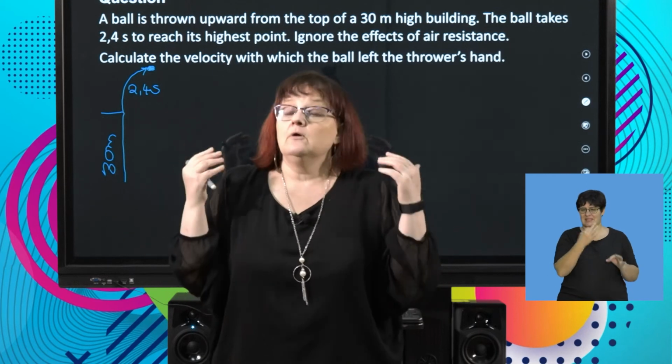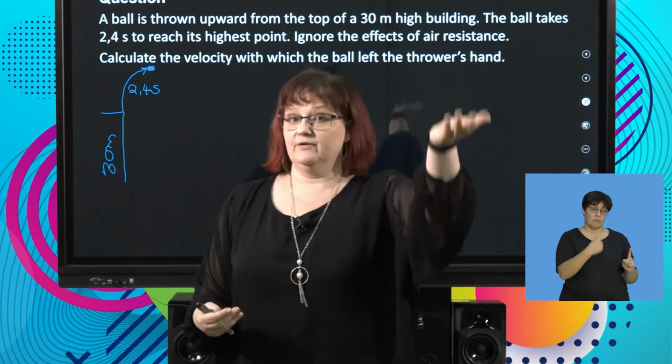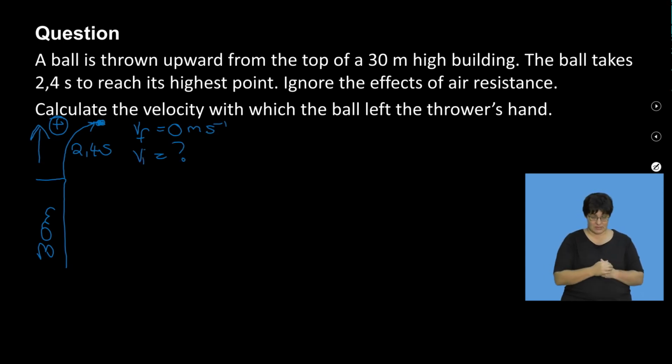Nice and simple. What do we need to make a decision about? Sign convention. I'm going to take up as positive. I know my final velocity is 0. My initial velocity is what I'm looking for. My acceleration is now going to be minus 9,8.